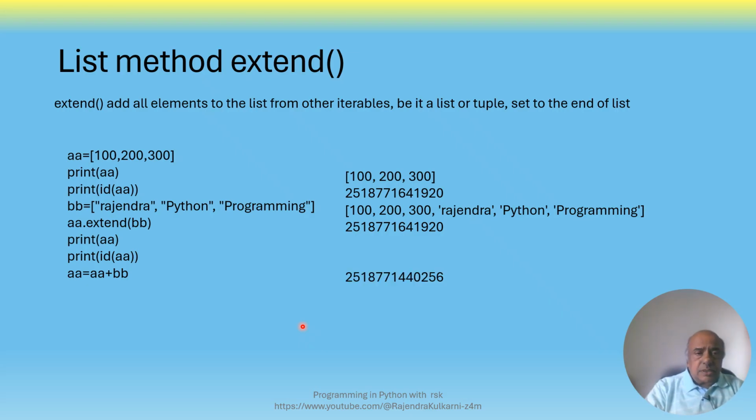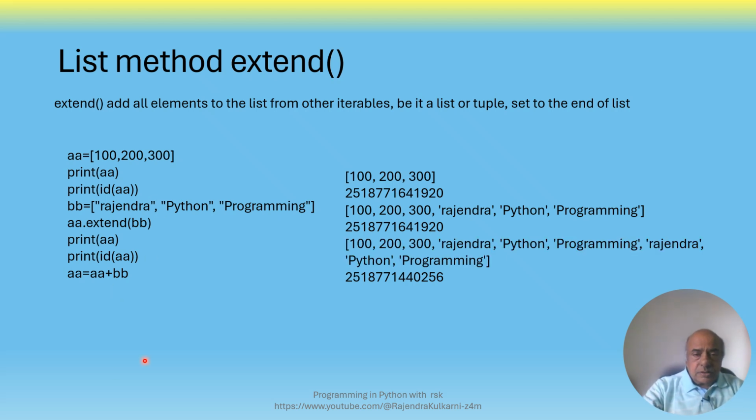Whereas when we use A plus B as our way of adding contents of B to A, now A contains 100, 200, 300 and then these three: Rajendra, Python and programming.